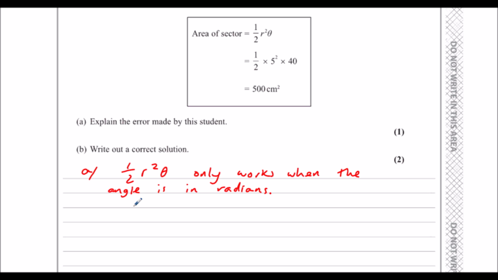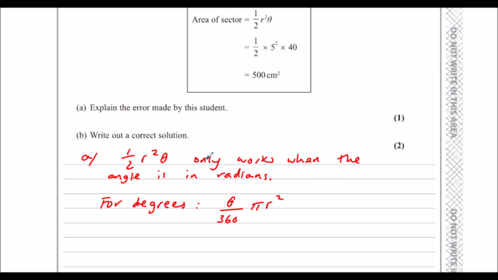So for an angle in degrees, we can use theta over 360 times pi r squared.